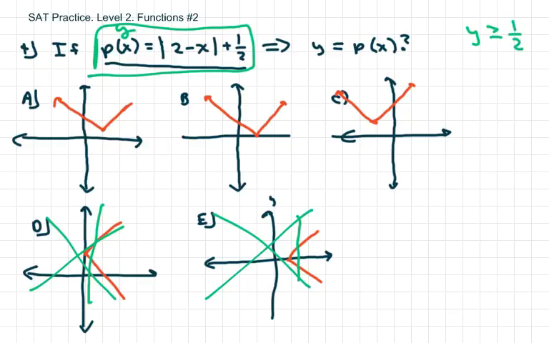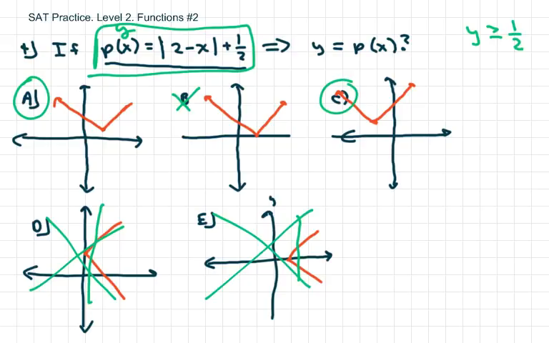So we're going to choose from A and C. D and E can't be functions, and the smallest way that y can be is 1/2, so it can't be B. So it's either A or C.